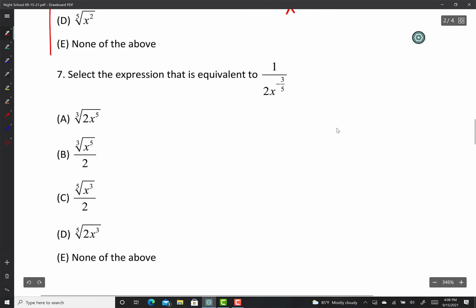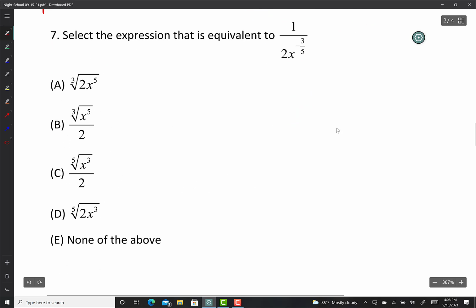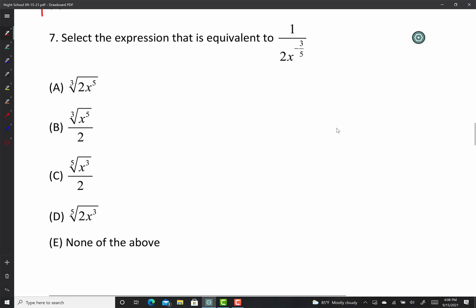Let's keep going. And this one always tricks someone. It even tricks some of our calculus kids sometimes. So check it out. What do you think on this one? So you see this x to the negative 3/5? I'm going to bring that up. The 2 stays in the bottom, guys.